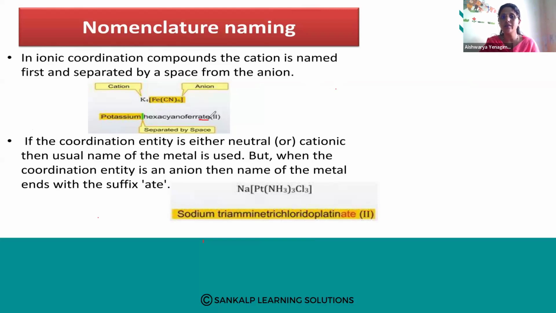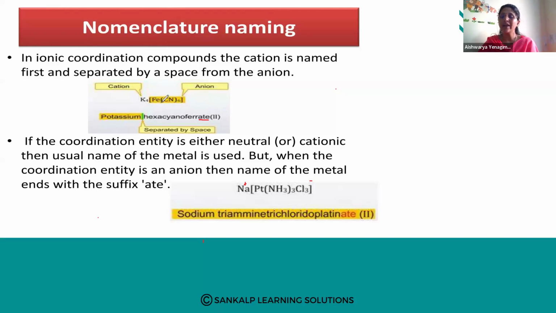Ferrate. It should end with ate. Here also this is cation, this is anion. If the complex were a cation, you would write it as platinum only. If the complex were a cation, you would have read it as iron. But here it is an anion.